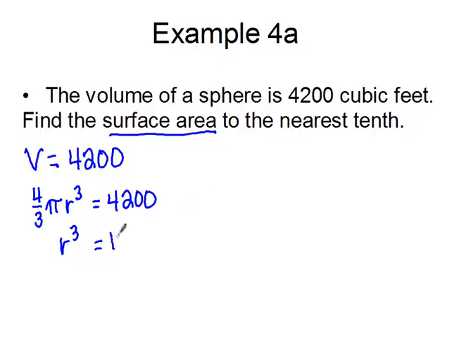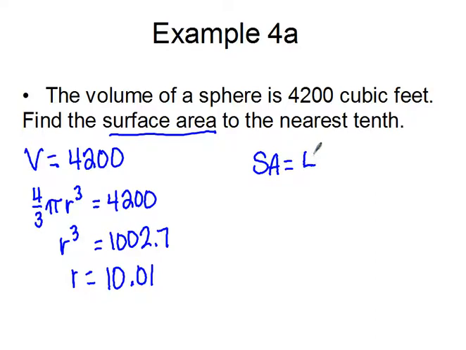And that gives me 1,002.7. Now I'm going to take the cube root of that. So 3, second, caret key, 1,002.7. And I get 10.01 as my radius.